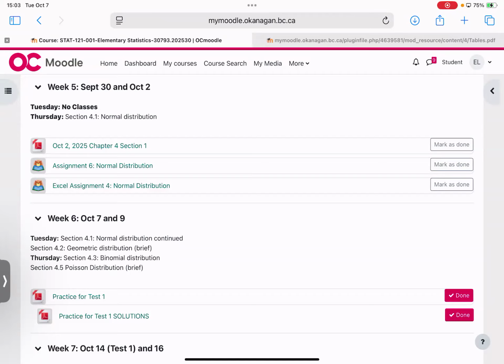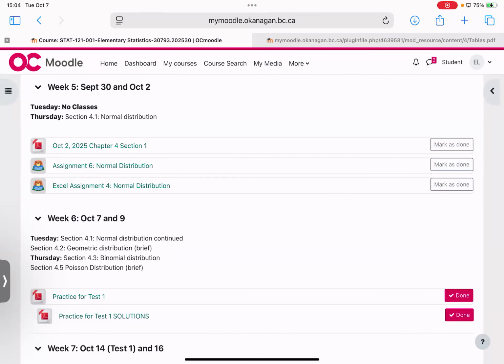The normal distribution, as well as the binomial, which we'll cover this week, is on test 1. That's why I made the due date for assignment 6 on Monday before the test, to kind of force you to do it before. I won't do that for the binomial, but it is on the test, so it's worth doing beforehand.